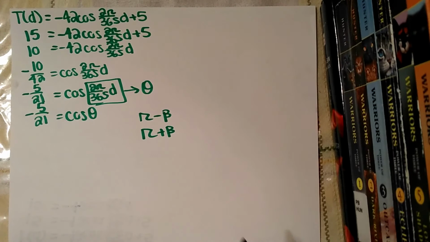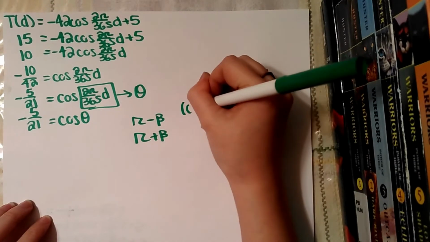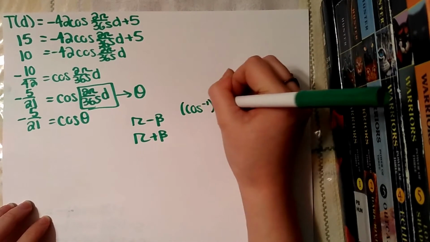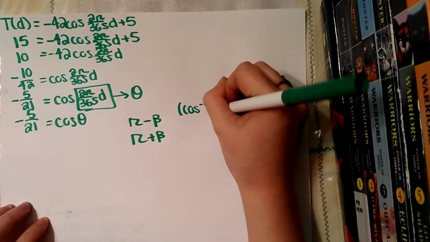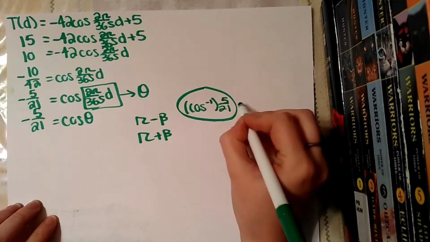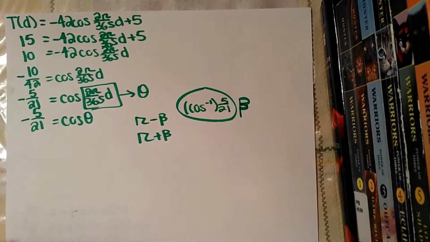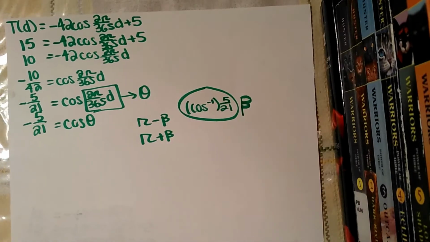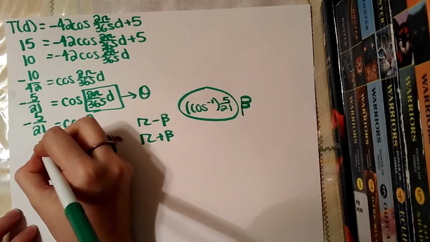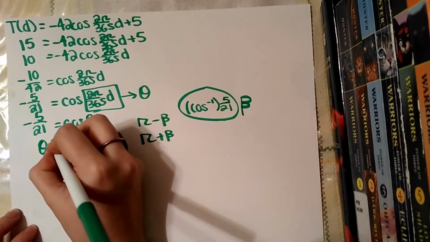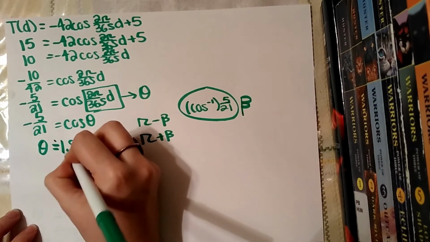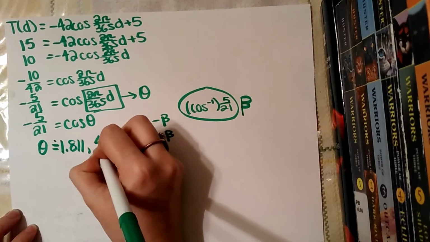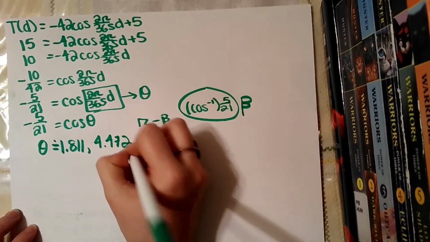We ignore the negative because beta must have a value of greater than 0. So the inverse of cos 5 over 21, this is beta. We will sub this into these numbers here. When you do that, the value for theta is approximately 1.811 and 4.472.